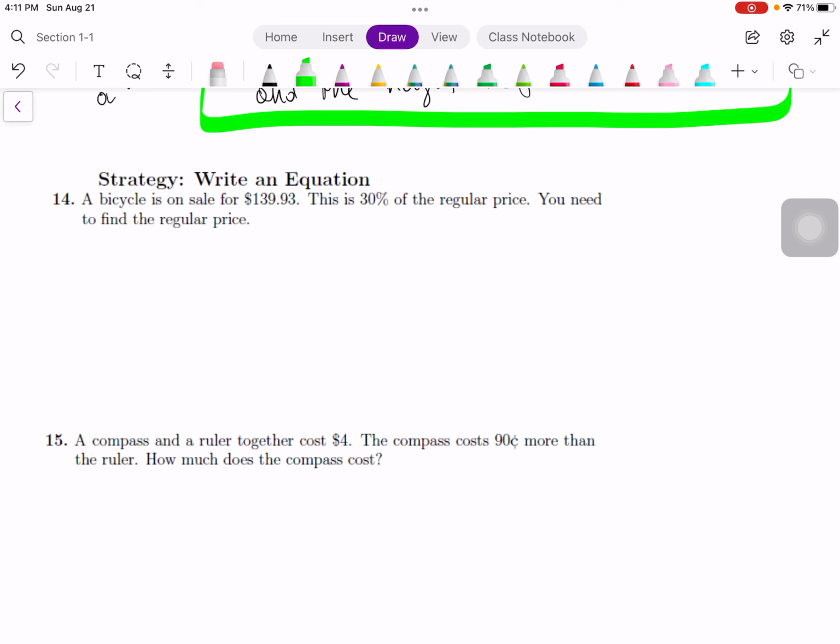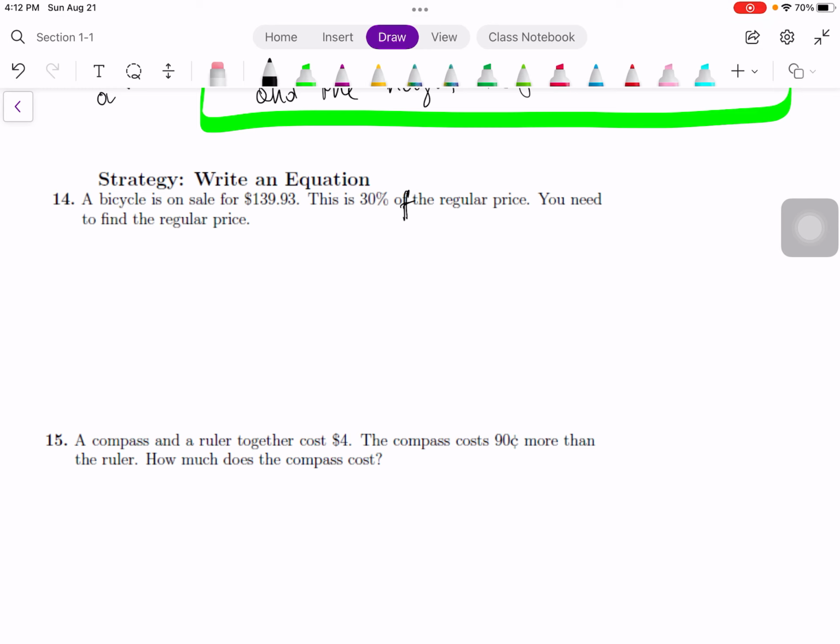A bicycle is on sale for $139.93. This is 30% off the regular price, okay? You need to find the regular price. So basically before the discount, what was the original price?